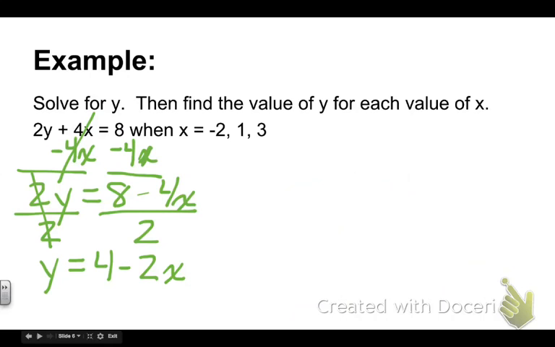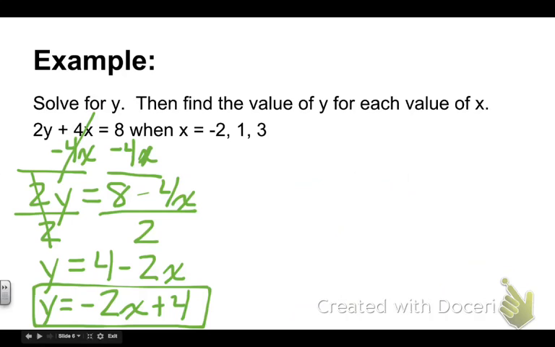So your variable should come first. It's not a 2x, it's a negative 2x. Your sign that comes before the number, the coefficient, always tells you whether it's positive or negative. So it's a negative 2x, and it's a positive 4 as a constant term. So now I've solved for y.